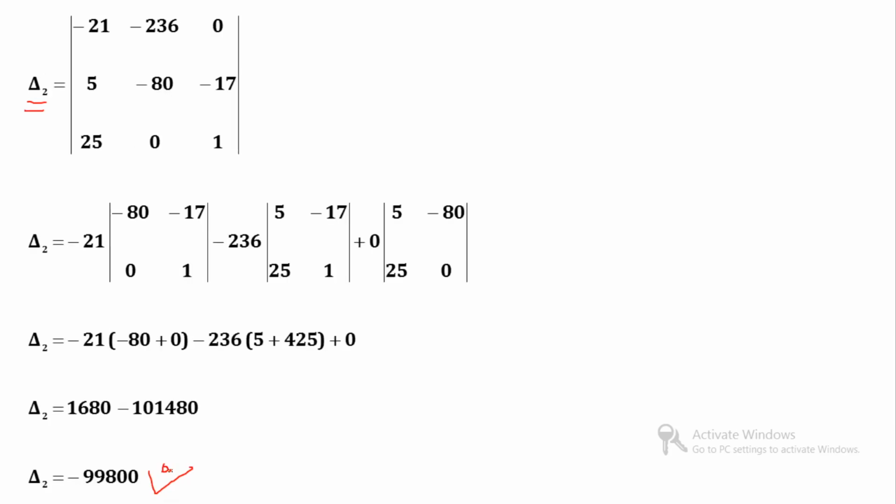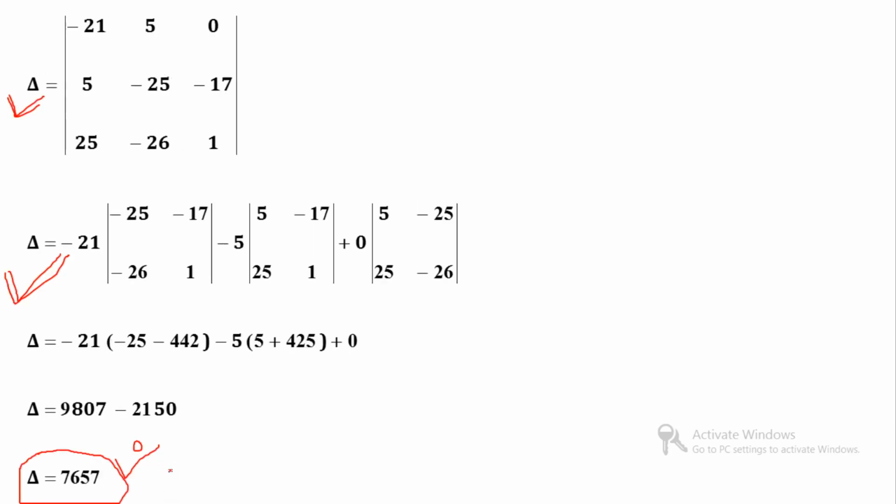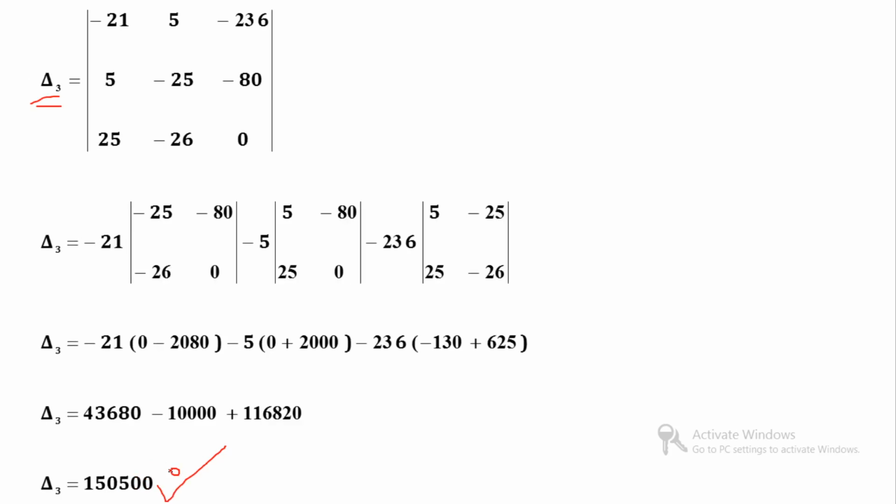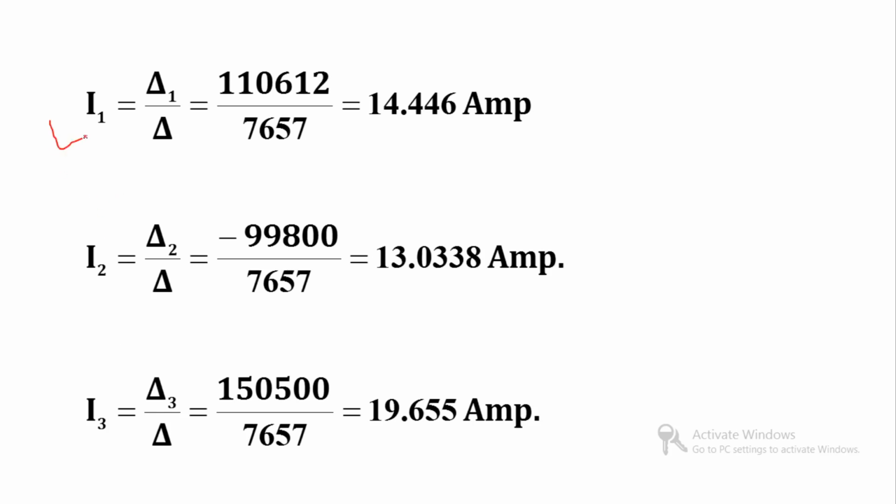So, now based on the values of delta, delta 1, delta 2, delta 3, we are able to find the values of I1, I2 and I3. I1 is equal to delta 1 by delta. So, you put the values of delta 1 and delta, and you will get I1 is equal to 14.446 ampere. I2 is equal to delta 2 by delta.